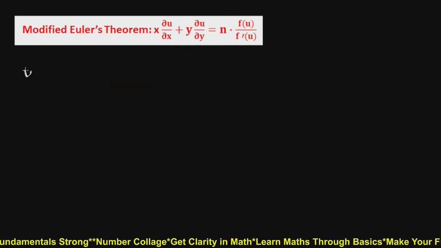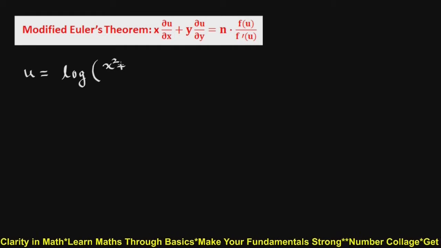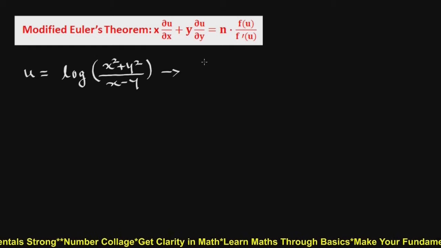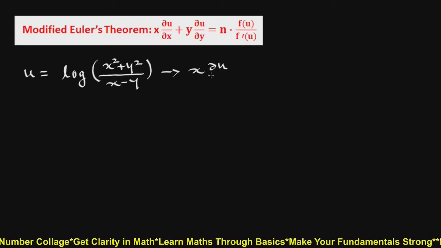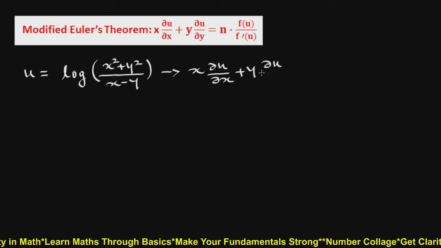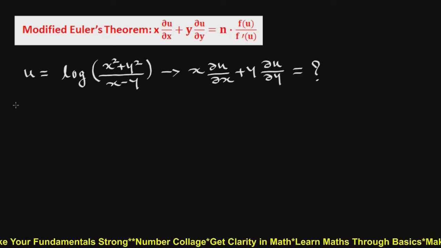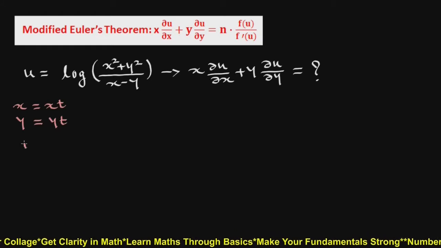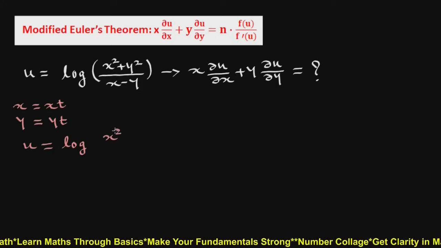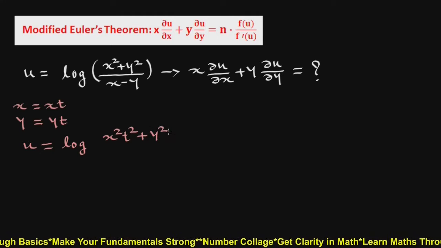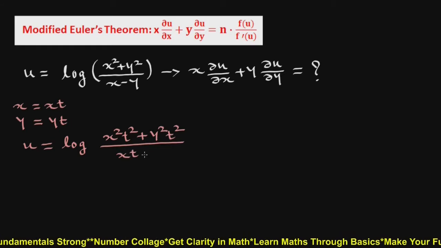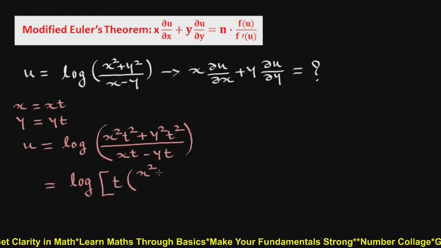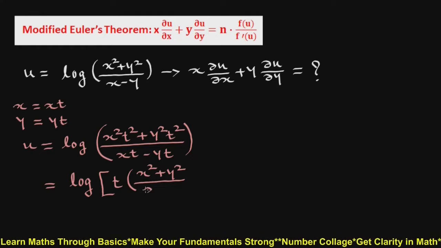Consider u equals log of (x square plus y square) upon (x minus y), for which we have to find x dou u by dou x plus y dou u by dou y. In this function, if we put x equals xt and y equals yt, u will become log of (x square t square plus y square t square) upon (xt minus yt), which will be log of t times (x square plus y square) upon (x minus y).